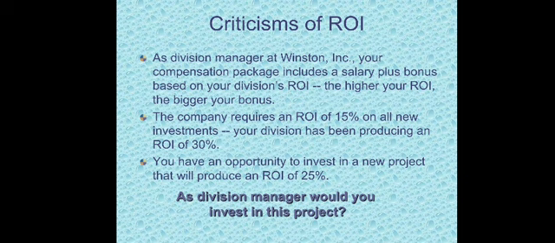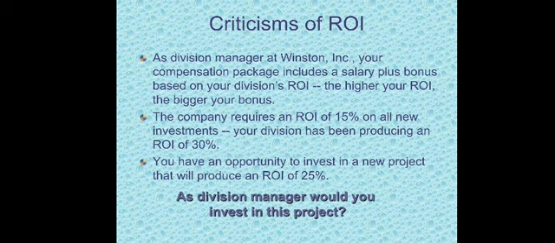But if your performance is decreasing, then you will get less bonus, maybe no salary increment, etc. So let's see here: as a division manager at Winston Incorporated, your compensation is based on the ROI.